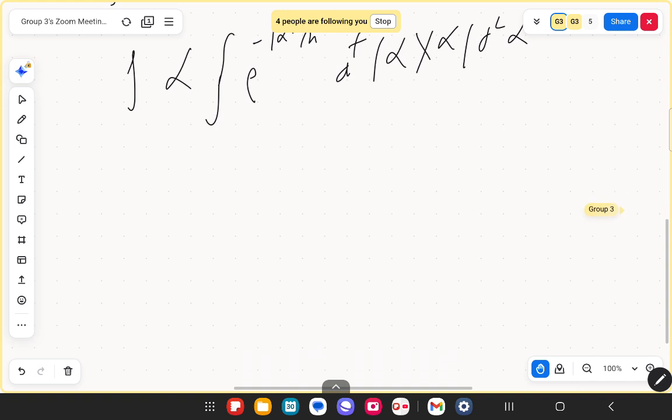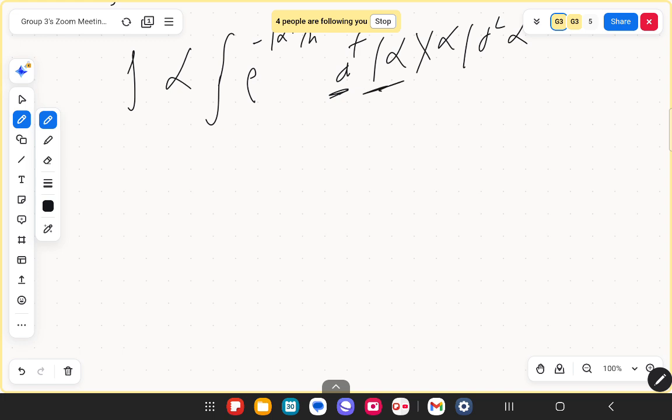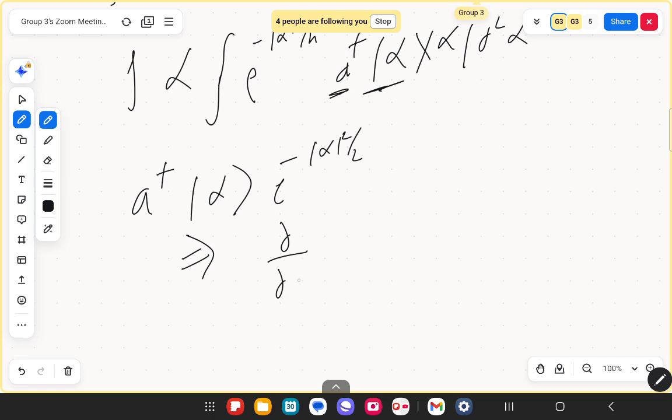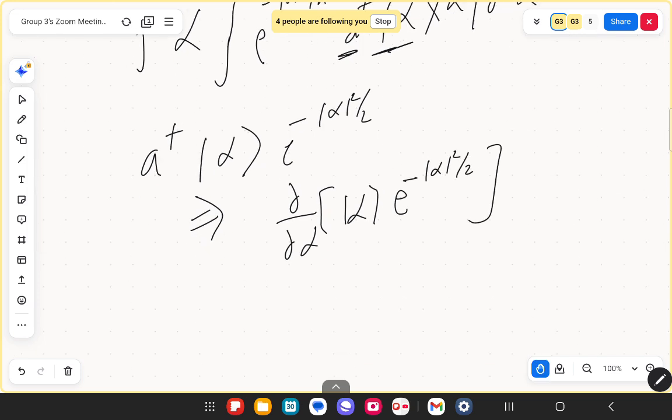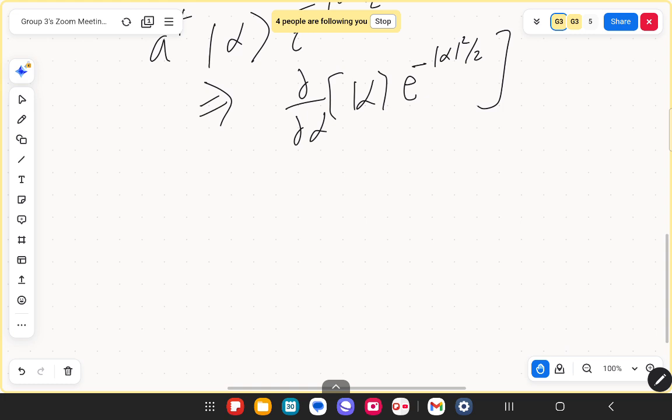Now, if I act this creation operator on this coherent state, I obtain a†|α⟩ = e^(-|α|²/2)... I've explained this in my project report in the Jupyter notebook. I am just taking the final result which I get after deriving all of this. I get it in the form of a derivative of the coherent state multiplied by e^(-|α|²/2). So this whole derivation is done by me in the Jupyter notebook.